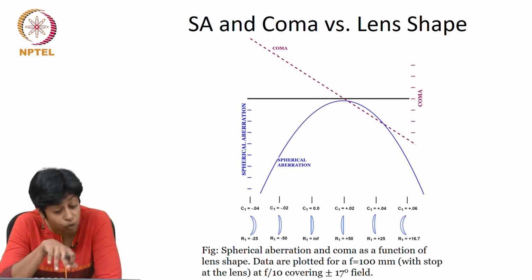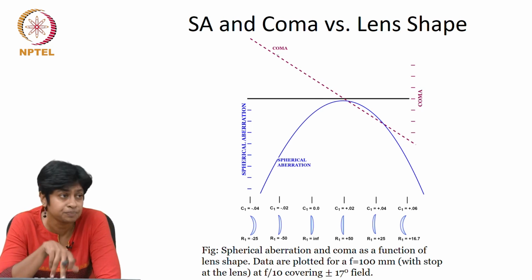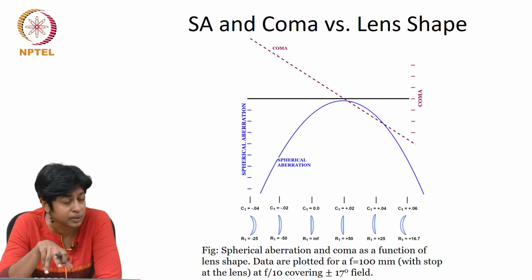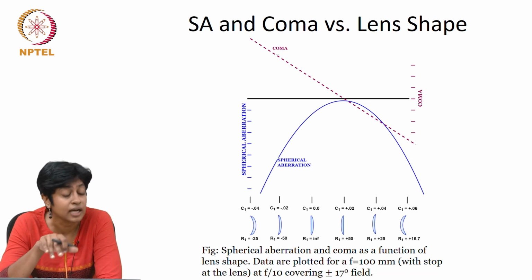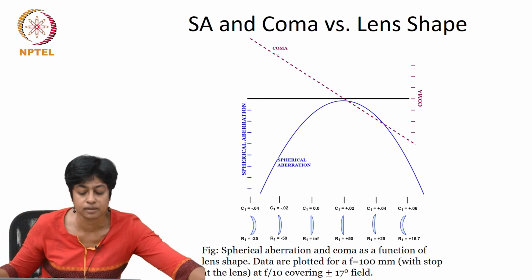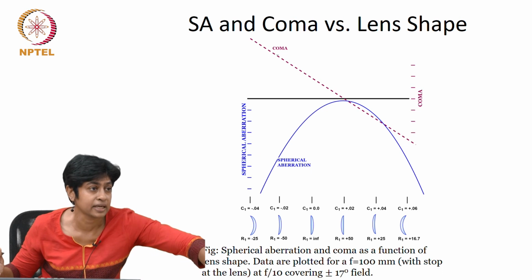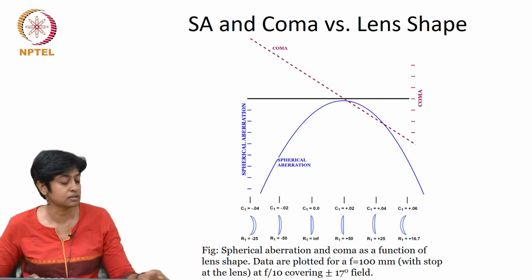We've only plotted the two aberrations here, but of course you can plot the other aberrations. You can look at astigmatism and distortion and color and see how they are affected by this parameter. I encourage you to do that since it gives you an idea of what affects a certain aberration or not.